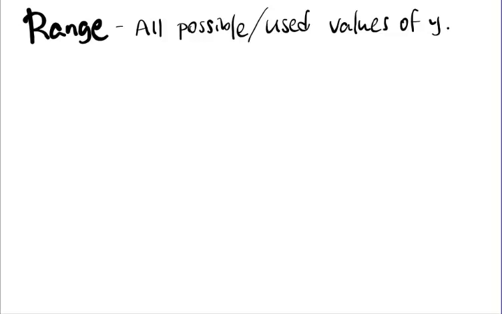All the y values that are being used or are possible. Because if you look at a graph, you only look at a very small portion of the graph. And so we infer from looking what y values are going to be used. Okay, so the range is all possible used values of y.